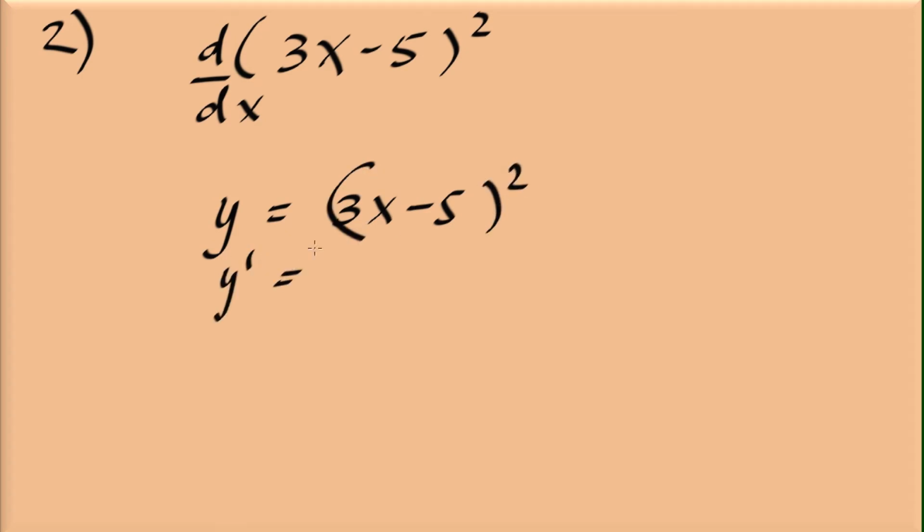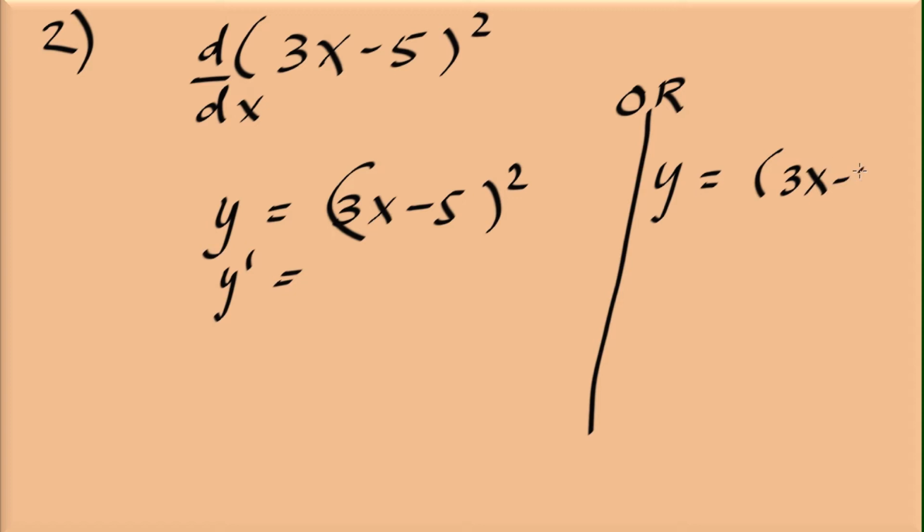One way to do it, if you saw my other video, is that I used the power rule exclusively for that particular video. And I have a similar example where we have this binomial squared.